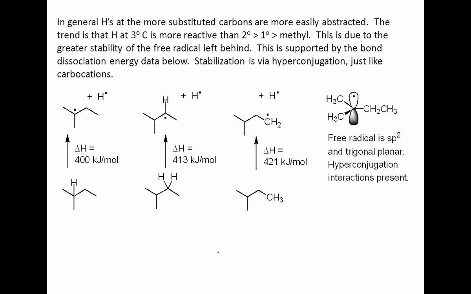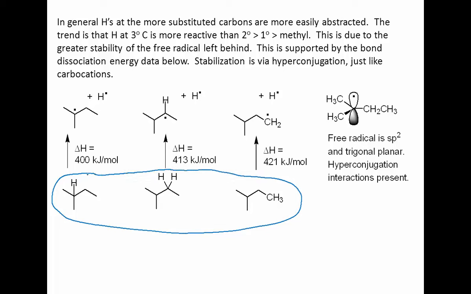Recognize that the starting material for each of these reactions here is exactly the same, so the energy of the starting material is constant. It takes 400 kilojoules per mole to remove the tertiary, even more to remove the secondary, and even more to remove the primary. And this has to do with free radical stability. Free radical stability parallels carbocation stability for alkyl groups for the most part. And the structure is the same as well.